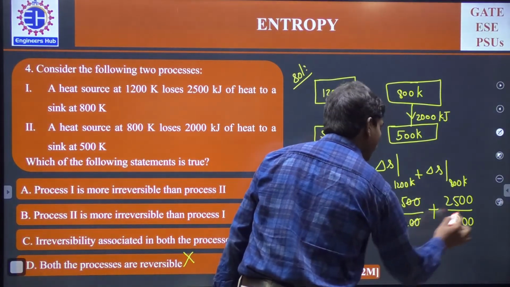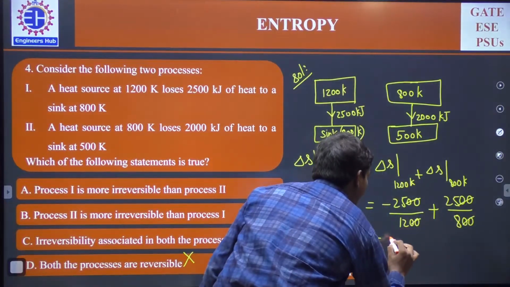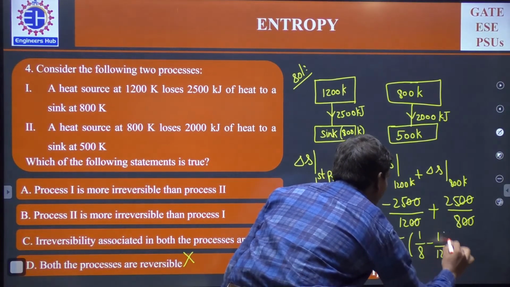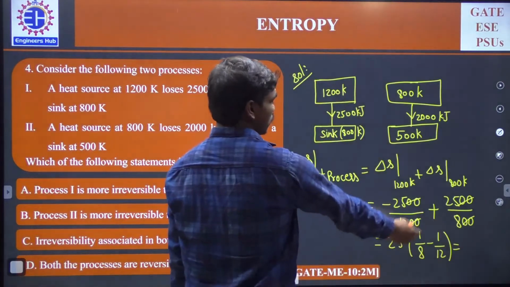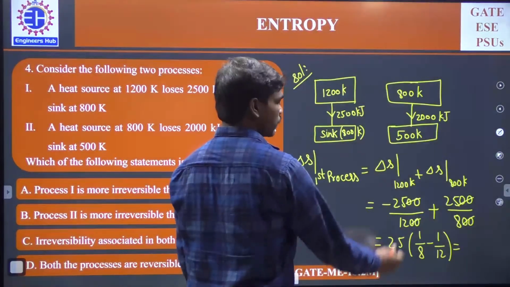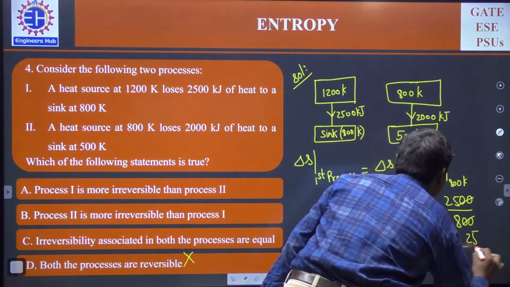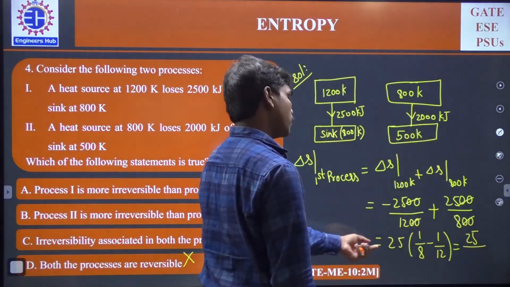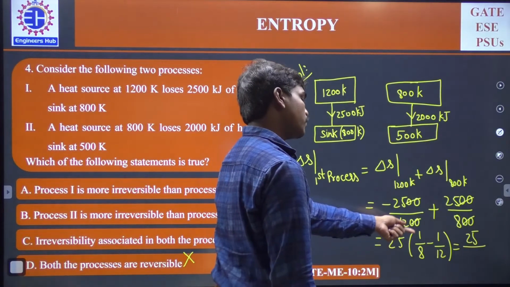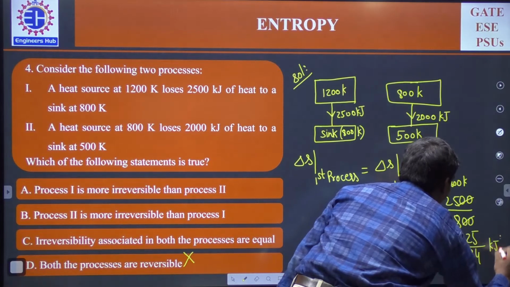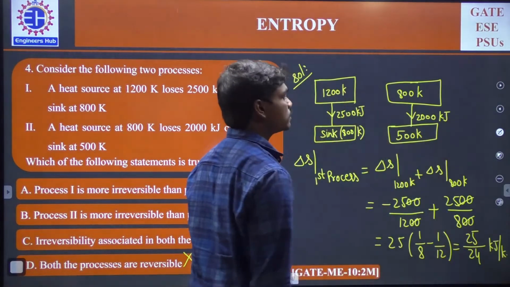If you take 25 common, we have 1 by 8 minus 1 by 12, which is, if you take out 4, 1 by 2 minus 1 by 3, so 1 by 6, 25 by 6. So 25 by 6 is about 4.17 kilojoule per Kelvin. So this is the total entropy change in this process.